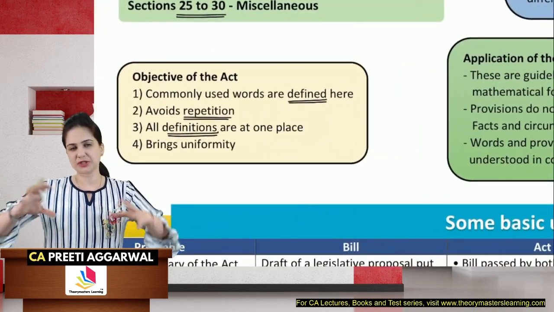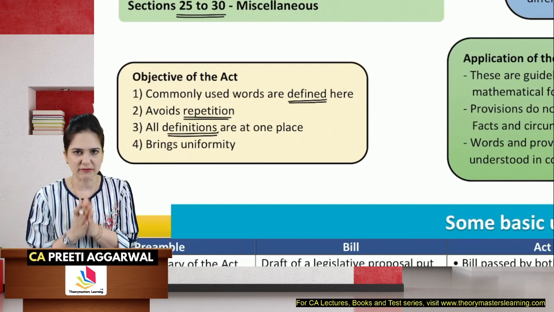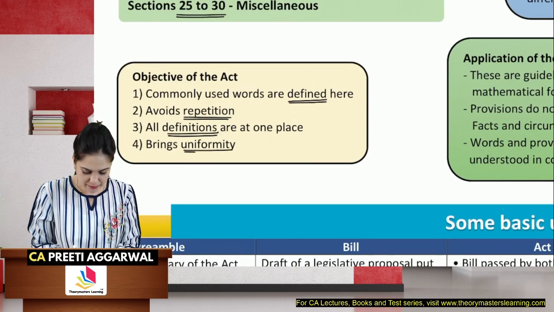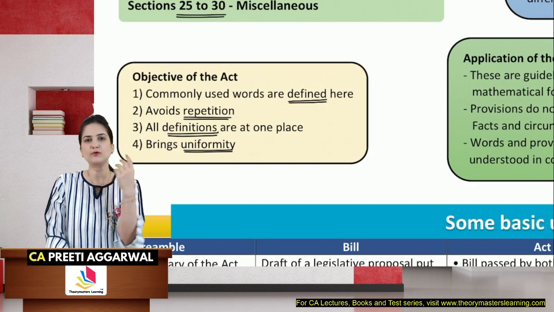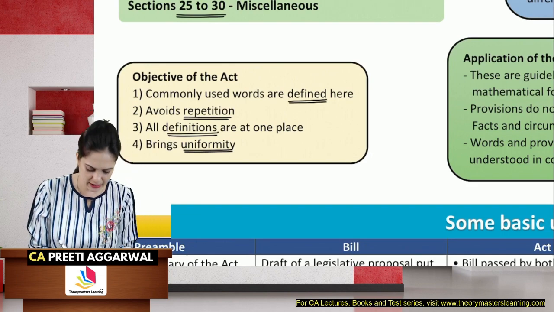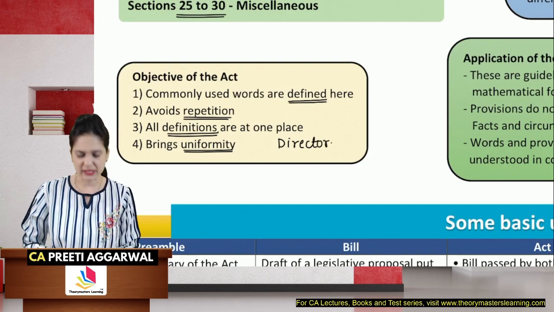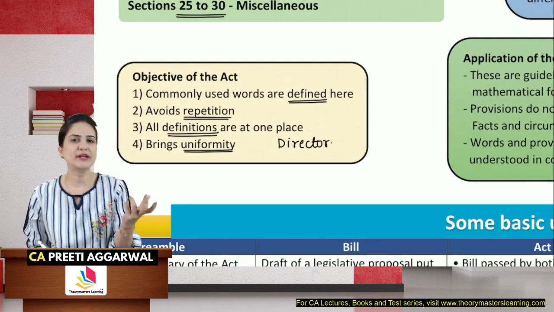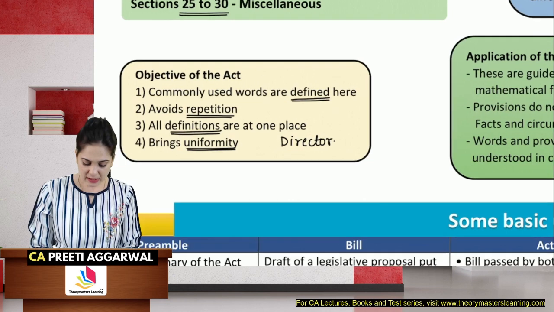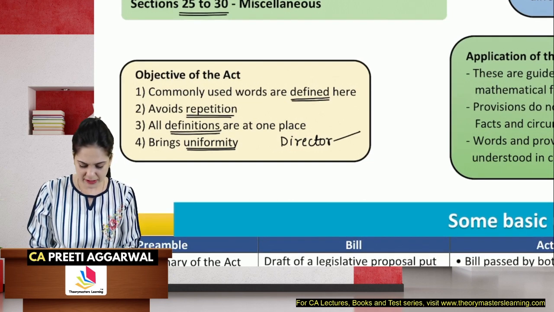So all the definitions which are common are now grouped at one place. It brings uniformity. Now let's say that I use the word director. I always give this example because it is something which we generally understand very quickly. The word director has so many different meanings, no? If I am referring to director of the company, he's someone who manages the company.